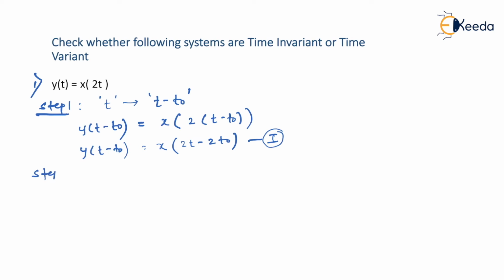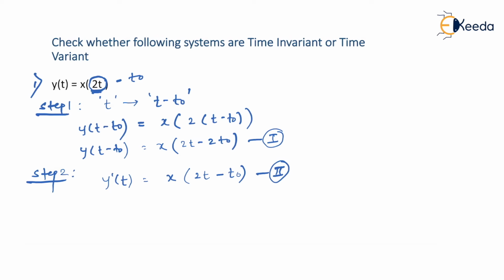Let's go to step number 2. In step number 2, remember you have to only delay the input by t naught. Therefore, the output now becomes y dash of t, which is equal to x of, and carefully see, the argument is 2t, then you have to delay it by t naught, so it is 2t minus t naught. Now it becomes equation number 2. Remember, whatever argument is written over here, just subtract t naught from the given argument, and that becomes y dash of t.